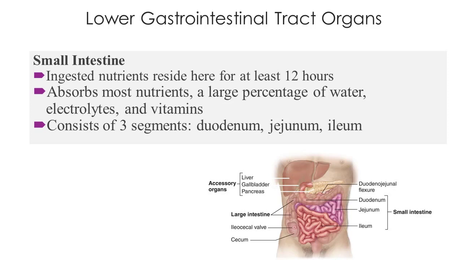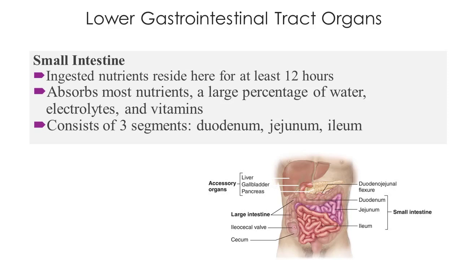What is our primary function of the small intestine? Absorption. Now, we're still going to do a little bit of chemical digestion in the duodenum. We're going to mechanically process as we undergo peristalsis and move this toward the colon. But the principal primary function of the intestine is going to be absorption.